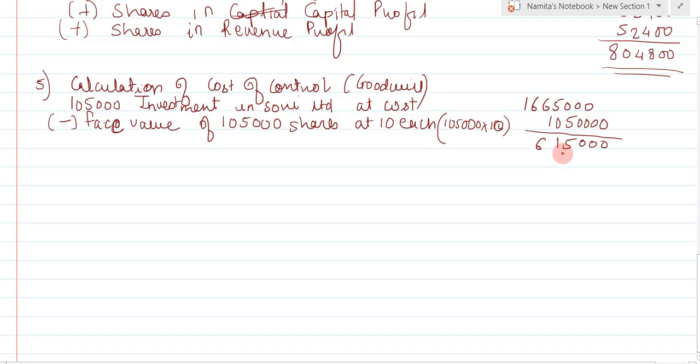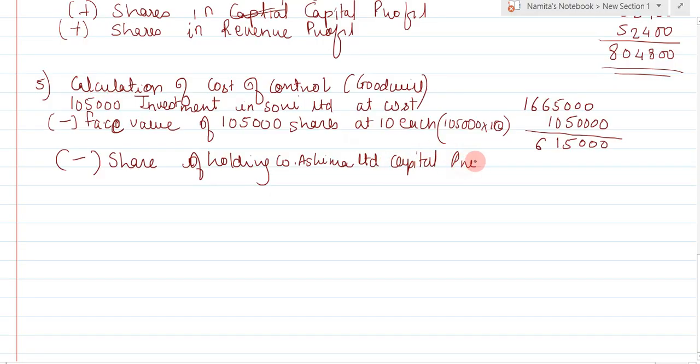Now here, minus the share of the holding company. Which is the holding company? Anshima Limited. Anshima Limited's capital profit.